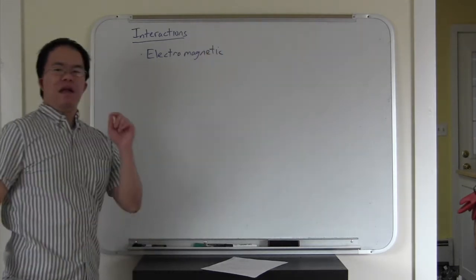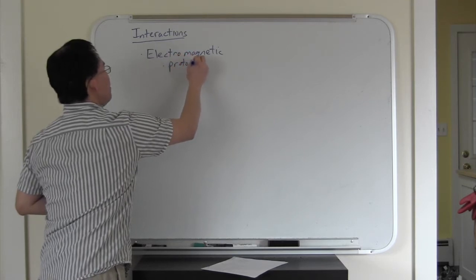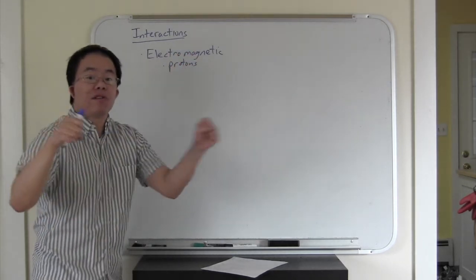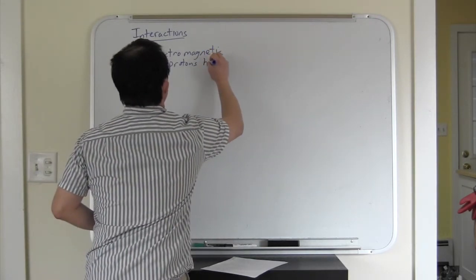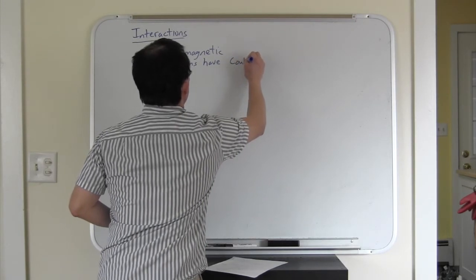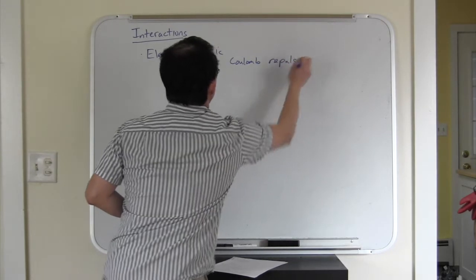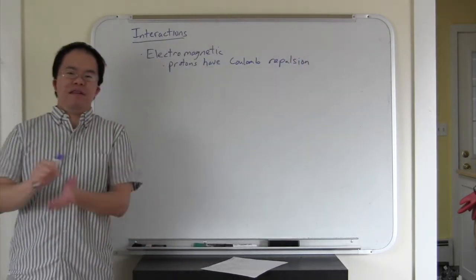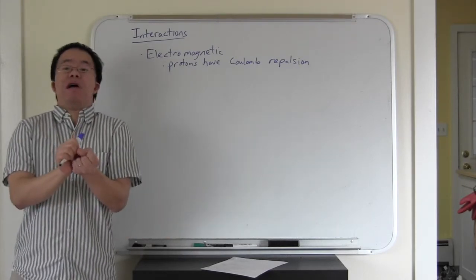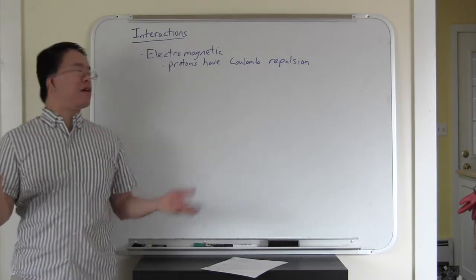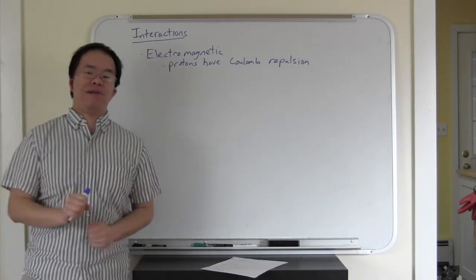The key thing is that protons, because they're positively charged, there's a Coulomb force repulsion between them. So it becomes a challenge to explain, in nuclei that have multiple protons, what's keeping those protons together and overcoming the electrostatic repulsion that wants to push protons apart.